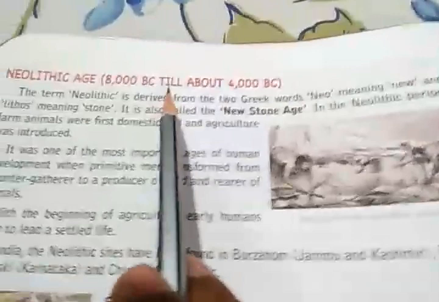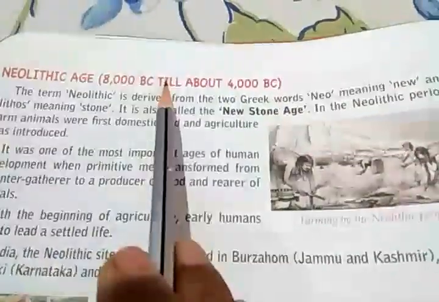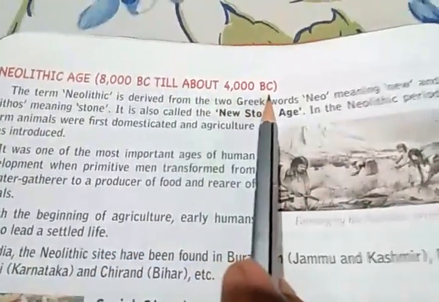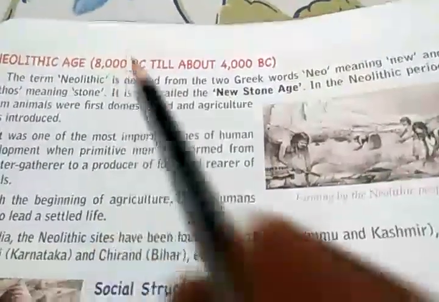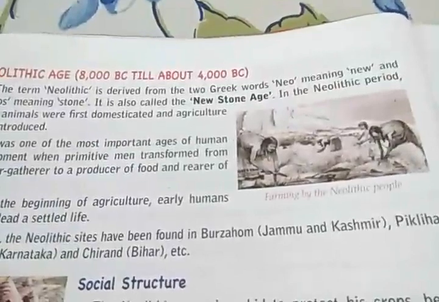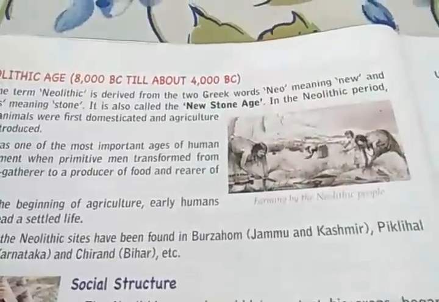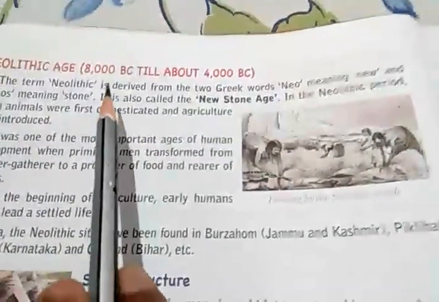The Neolithic age. The Neolithic age time period, you can see, is 8000 BC till 4000 BC. That means this period existed for how many years? 4000 years. Yes, this period lasted for 4000 years.